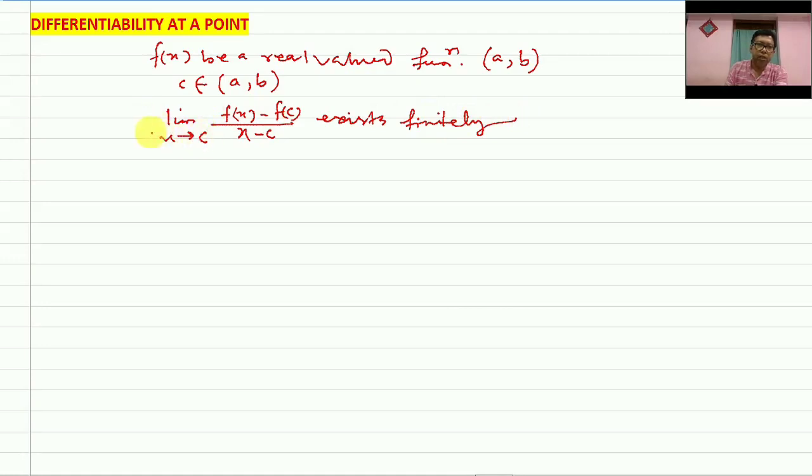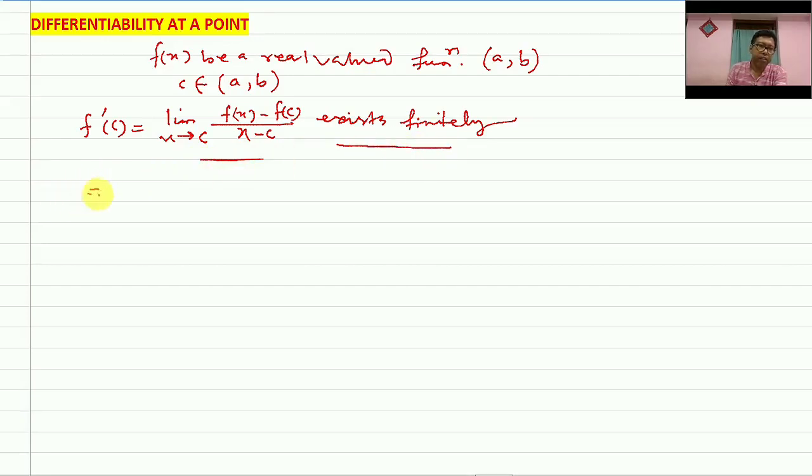And what is this? Actually, this one is nothing but your f dash c, the derivative of f of x at the point x is equal to c, isn't it? Now f of x is differentiable at x is equal to c. That means this one exists finitely. Now what does it actually indicate?